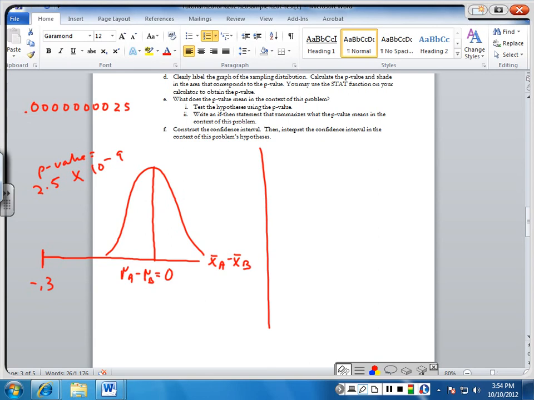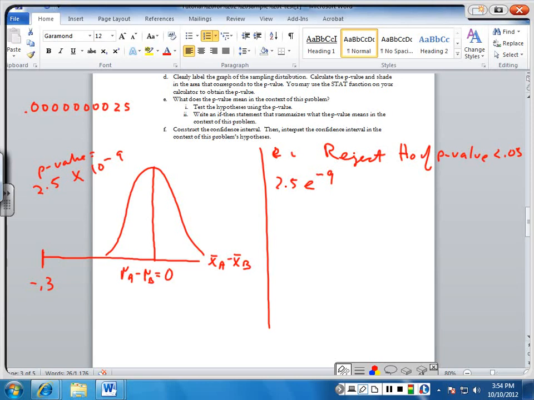Part D, Part E, we'll reject H0 if p-value is less than 0.05. 2.5, I'm going to put e to the minus 9, just with an exponent of minus 9.